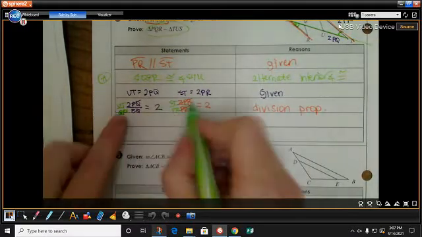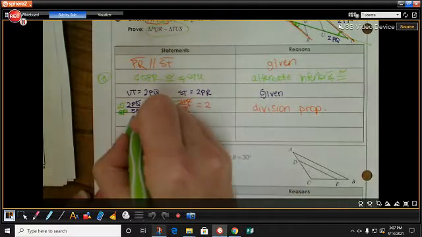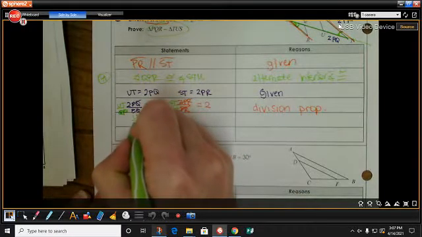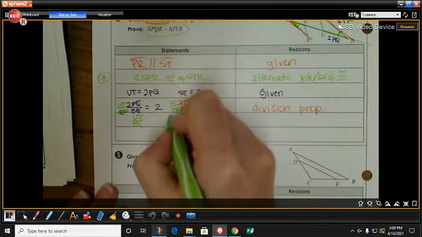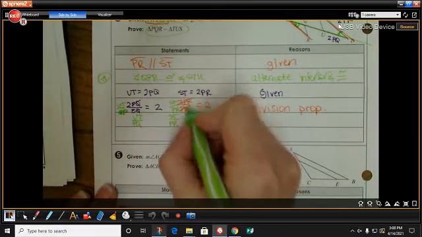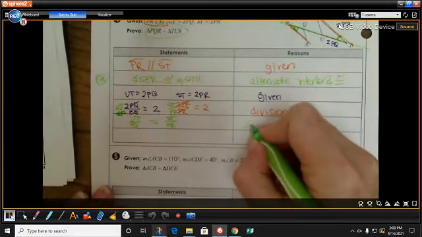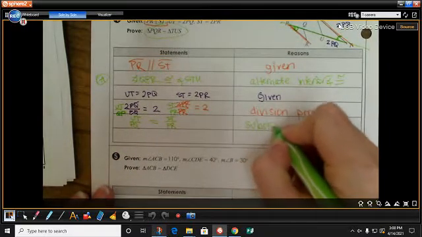And so these two are both equal to 2, therefore they're equal to each other. UT to PQ and ST to PR. This set equals 2, this set equals 2, therefore they equal each other. You could say that that's substitution.